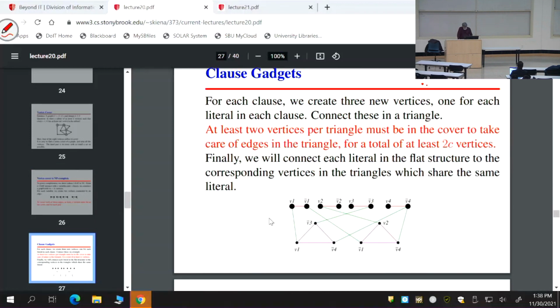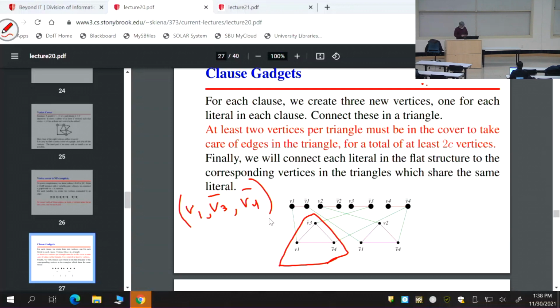I am going to take a clause like V1, not V3, not V4, and for every such clause, I'm going to make a triangle of vertices from it. Okay? Look at this here thing. Do you see how that is 3 new vertices that are connected in a triangle? Okay? And the labels of these vertices are exactly the labels of my literals.